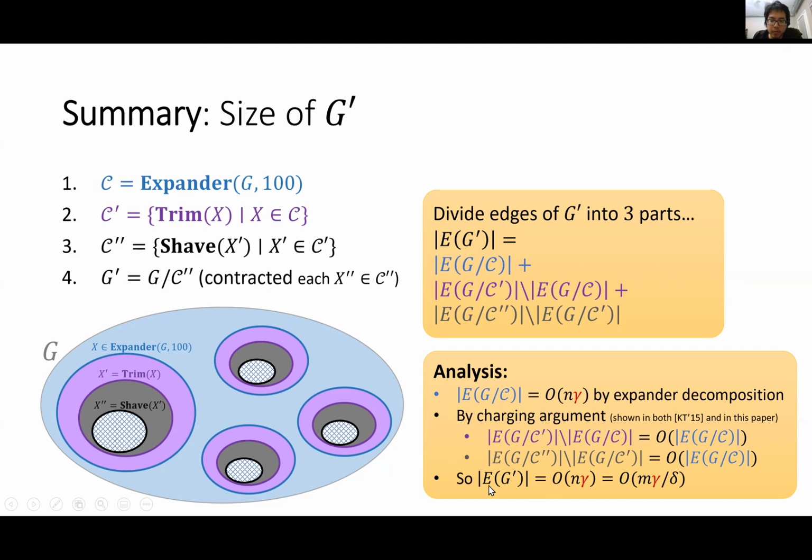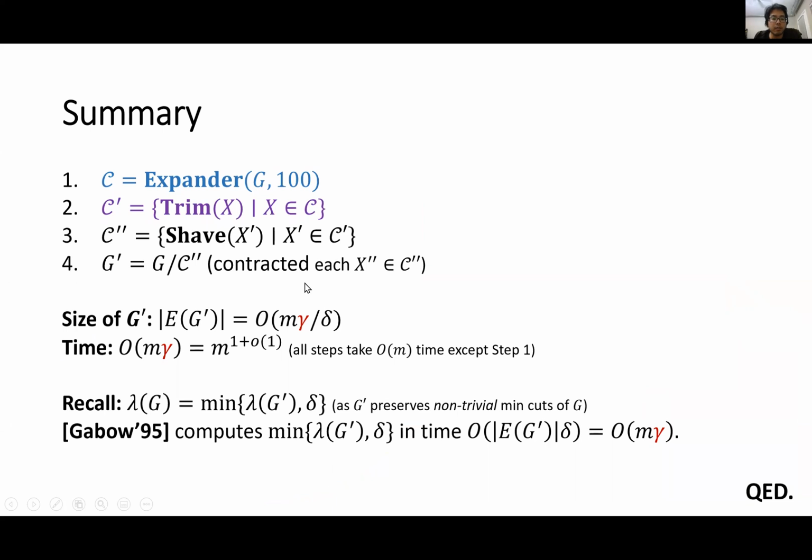With this, we have that the size of G prime is around n, and that is at most m over delta because delta is the min degree. So just to conclude, the size of G prime is indeed less than m by a factor of delta.